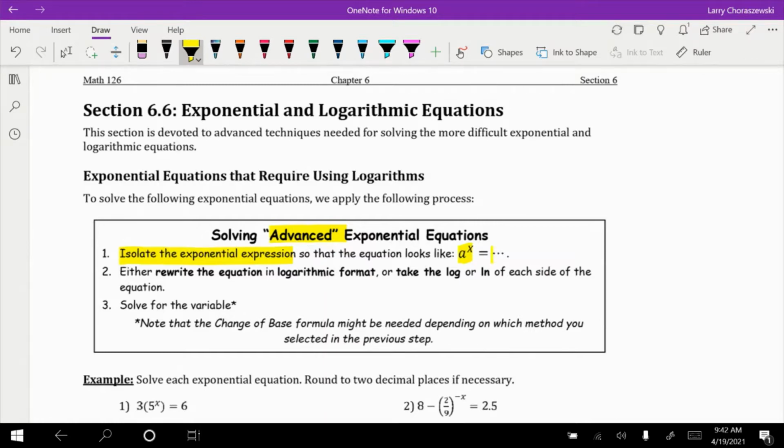And the right-hand side will most likely just be a constant, some number that doesn't involve x. Then you can do a couple of things. You can rewrite the equation in log format, which involves a log loop, or you can take the log or natural log of each side of the equation.